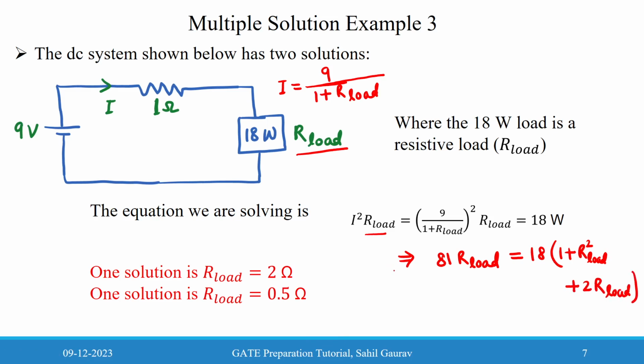On solving this, you will find that one value is 2 ohm and another value is 0.5 ohm. So this is one circuit example that shows how a constant power load behaves as a nonlinear system. That makes the system a nonlinear system.